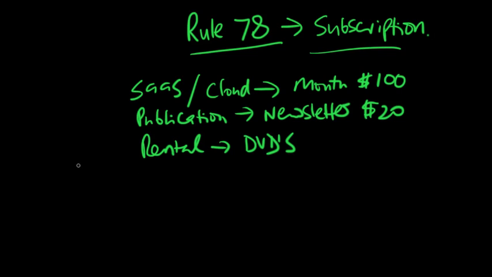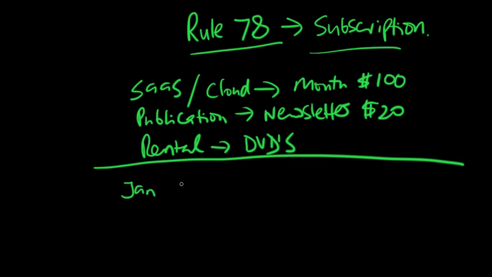So the one thing in common that these businesses have is that their revenues each month stack on top of each other. So the customers I acquired, for example, in January, take my software business, if I was charging $100 per month and I added 50 customers there in January, I will have added $5,000 in revenue.